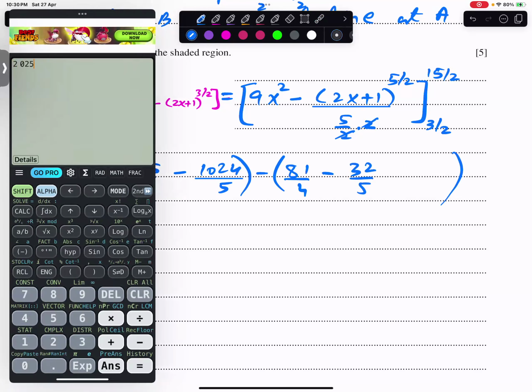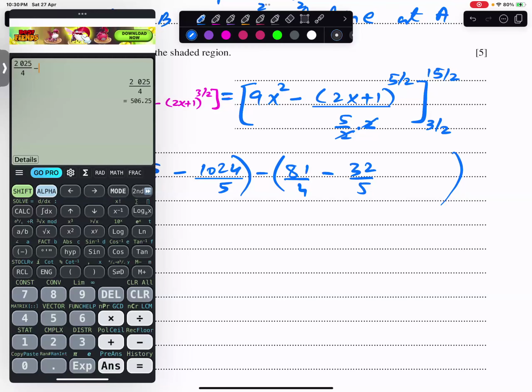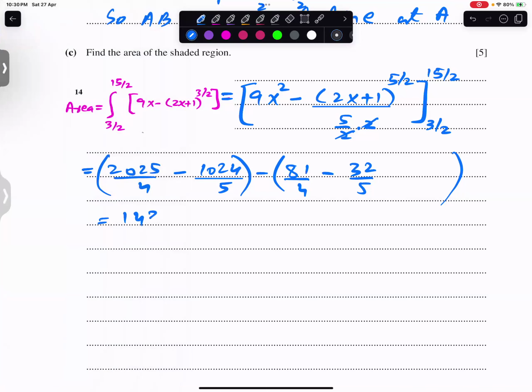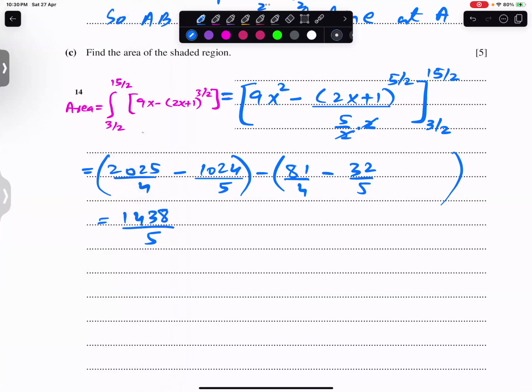So 2025 divided by 4 minus 1024 divided by 5 minus 81 over 4 plus 32 divided by 5. So this is 1438 divided by 5. This is my area, the total area.